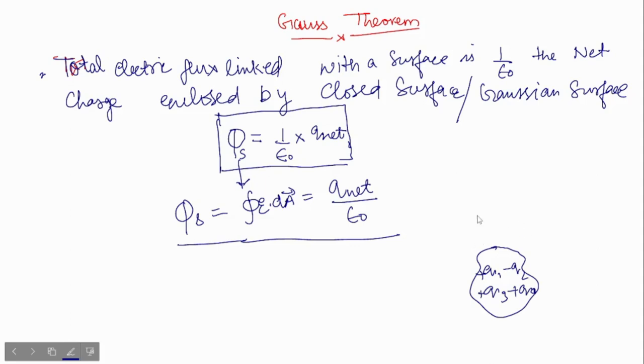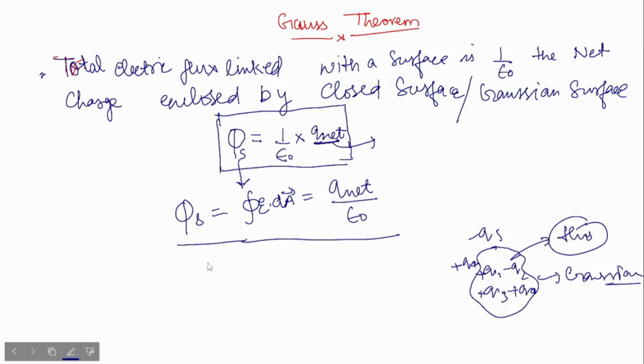If someone says to calculate the net electric flux through this Gaussian surface, then Q net is actually Q enclosed, the net charge enclosed within the surface.